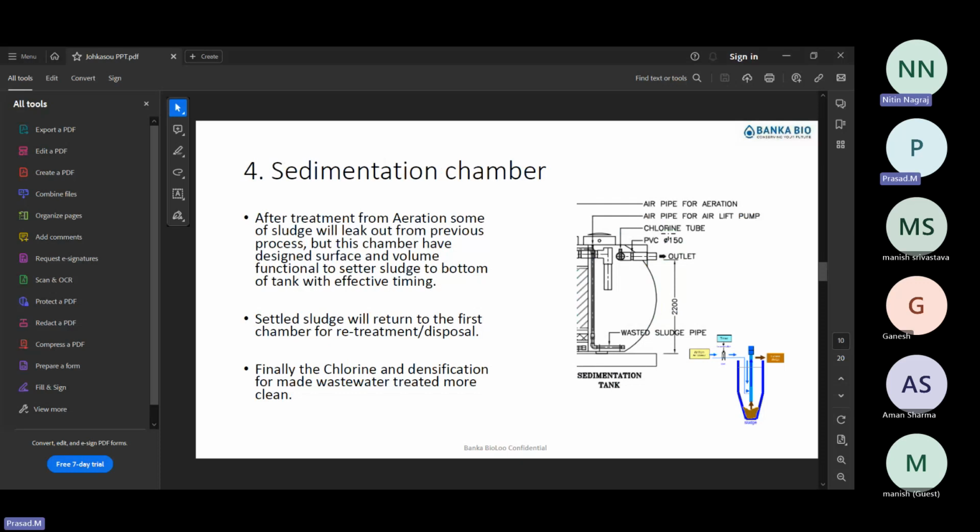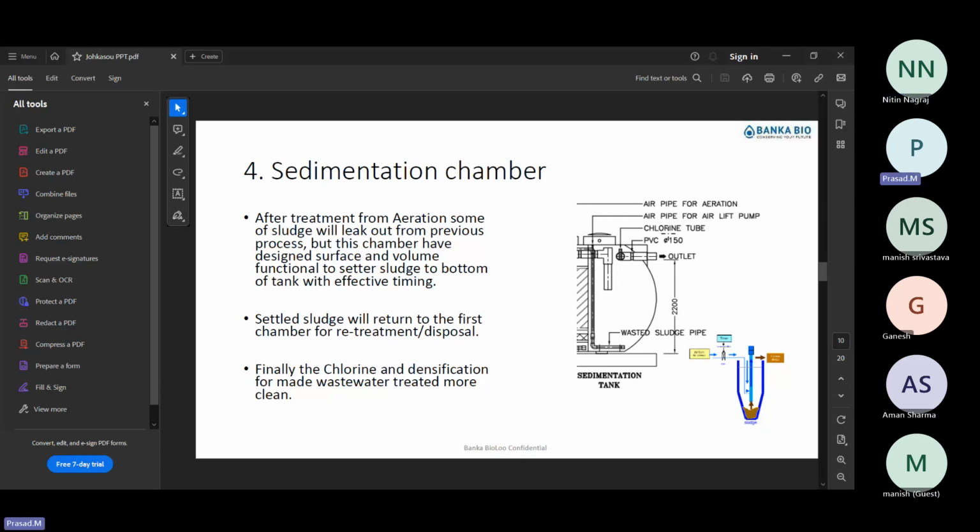One more point I would like to highlight here. Everybody knows we waste the sludge, and we give recirculation to the aeration tank again, right? For that we require a pump. But here we don't require any pump. By using an airlifting arrangement, we do that activity, and that airlifting arrangement is performed by the air blower.